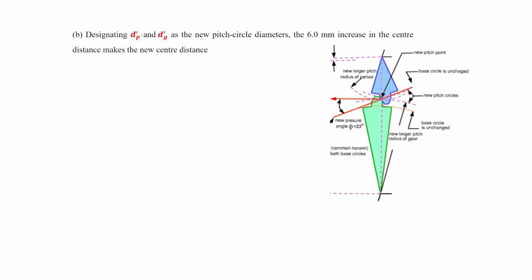Designating dP dash and dG dash as the new pitch circle diameters when the center distance is increased by 6 mm, the new center distance C dash is equal to C plus 6 mm, and that is equal to the new pitch circle diameter of the pinion plus the pitch circle diameter of the gear, divided by 2, and that is equal to 342 mm.